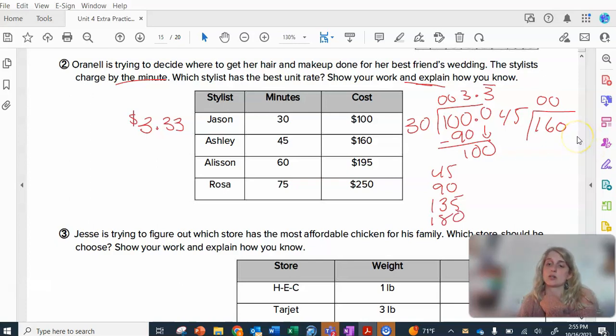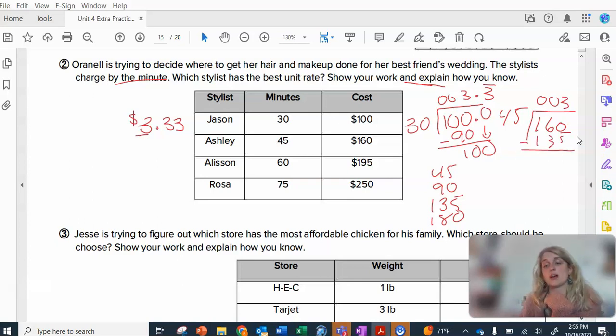Okay, 160 doesn't work. That's 3 times. So I can already see 3 versus 3 here, but 160 minus 135 will give me a remainder of 25. Add a decimal. Add a 0, bring it down.